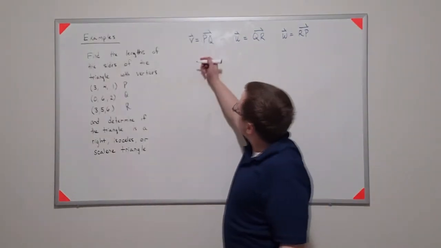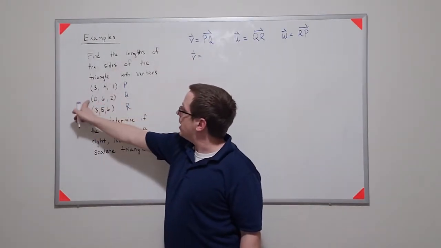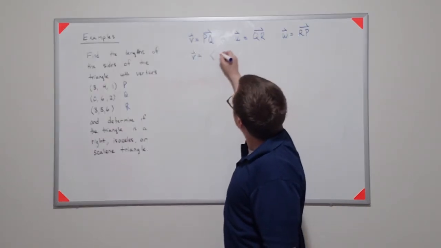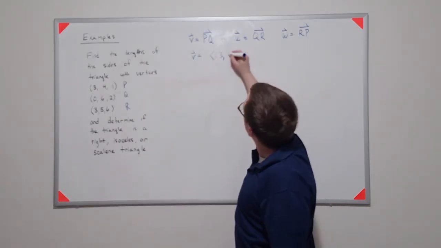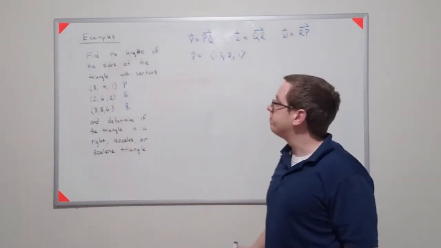So to get PQ, we want to take those differences here. So that's going to be -3, +2, and +1.